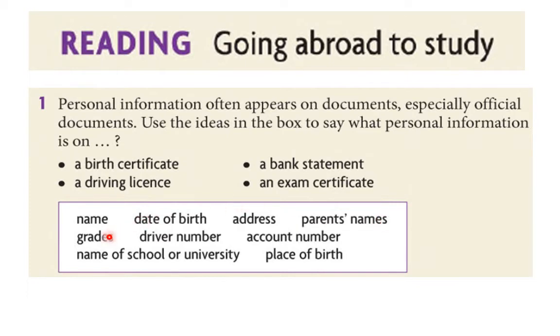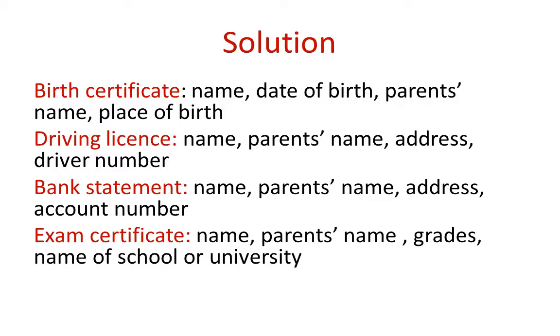The grades, yes, it should contain the grades. Driver number and account number are not used here, but we should write the name of the school or university in the exam certificate. And the place of birth is not important. Then we can say that an exam certificate contains name, parent's name, grades, name of school or university.